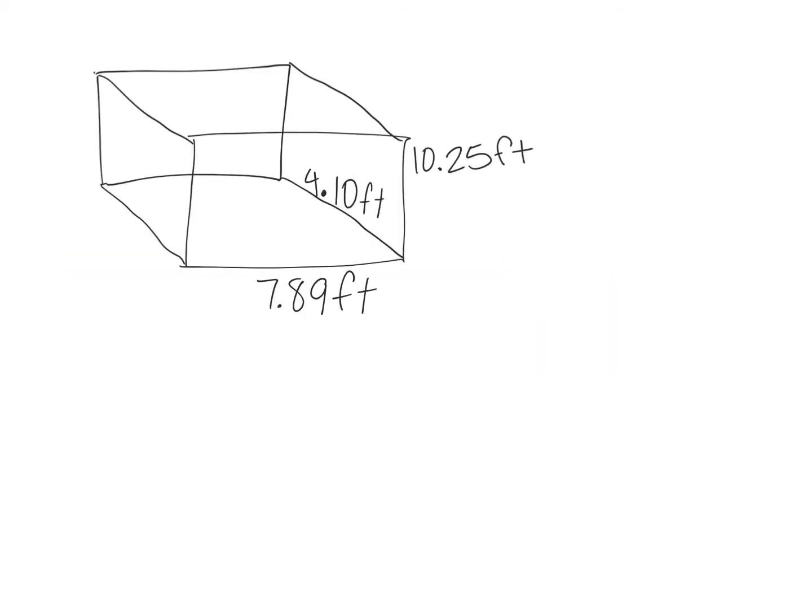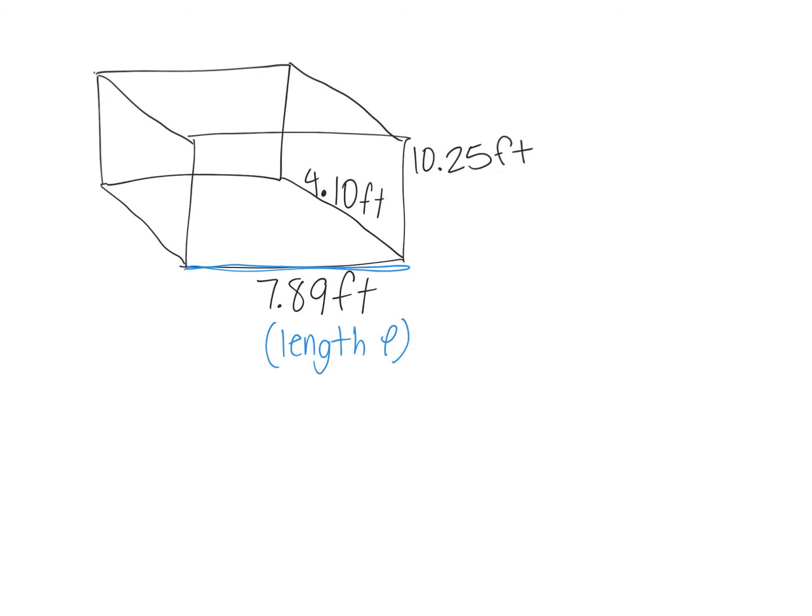Okay, we're going to start with this prism. So we have three values given here, 7.89 feet, another value, 4.10 feet, and our last value, 10.25 feet. Well, the length of our first side is 7.89, so I'm going to label that length, and that's represented by a cursive L. Next we have width.